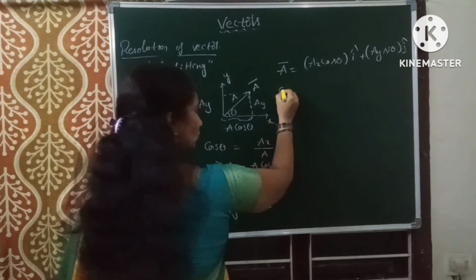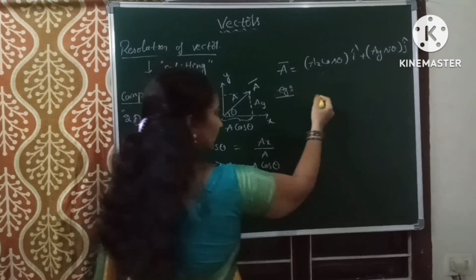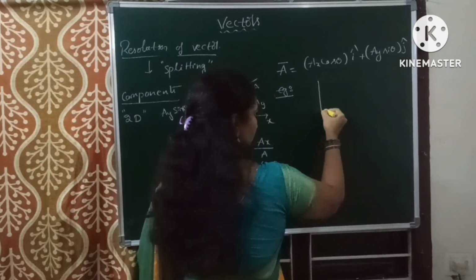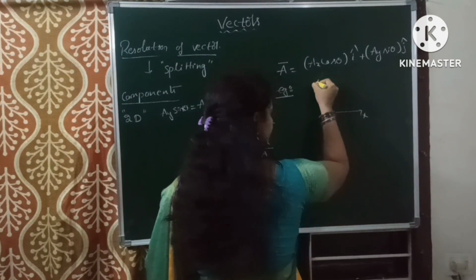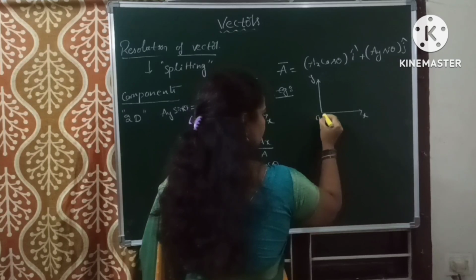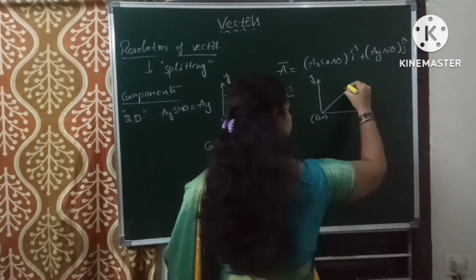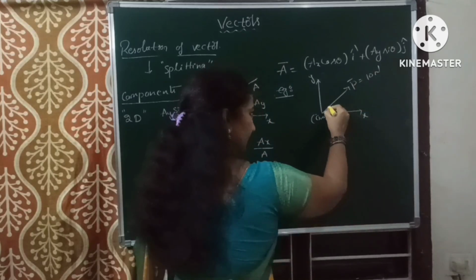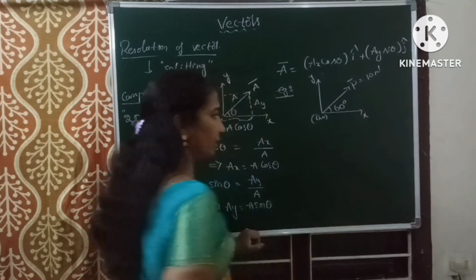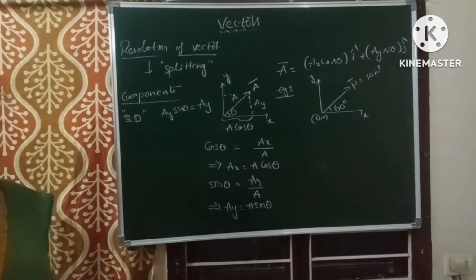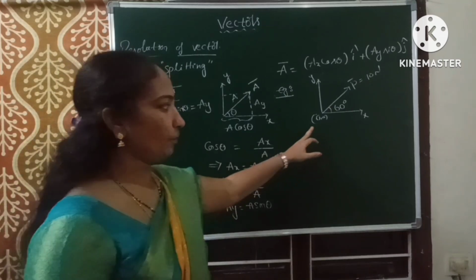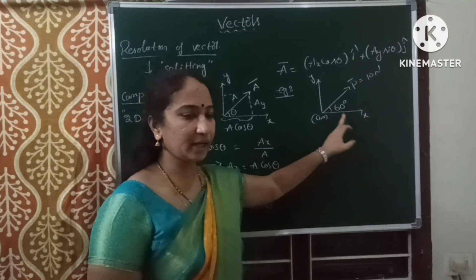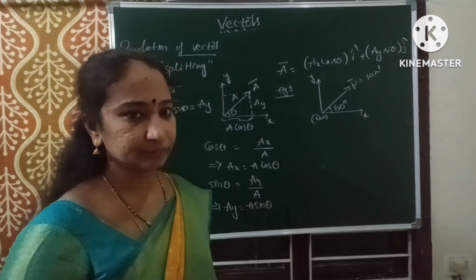Now let us consider a small example. For example, two axes, x-axis and y-axis, origin 0,0. I consider one vector, P bar, of 10 newtons. It makes an angle of 60 degrees along the x-axis. Then calculate the component along the x-axis and the component along the y-axis.